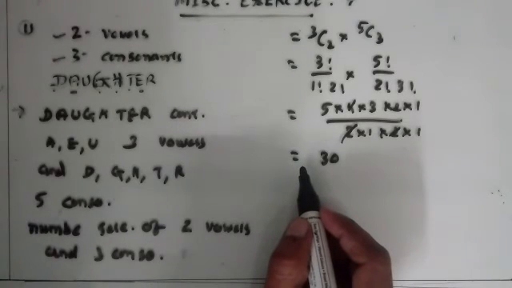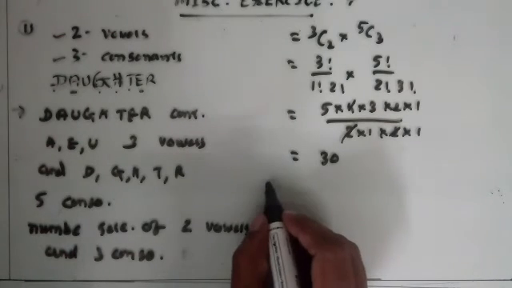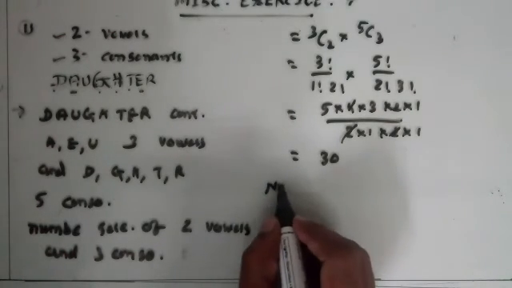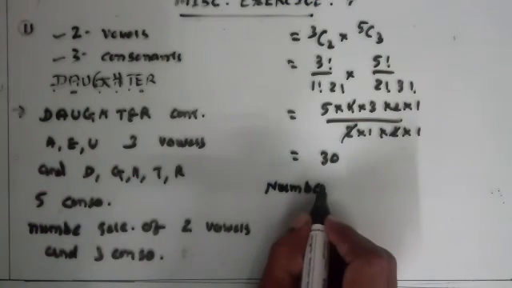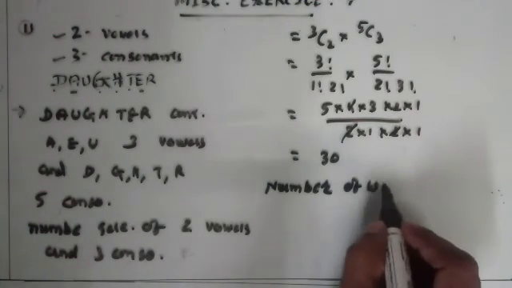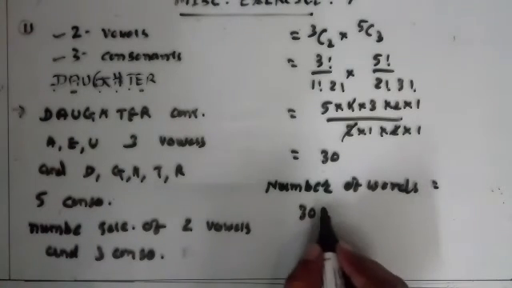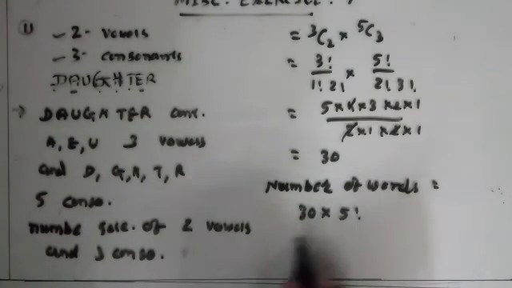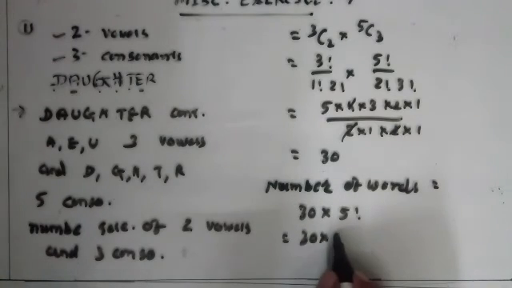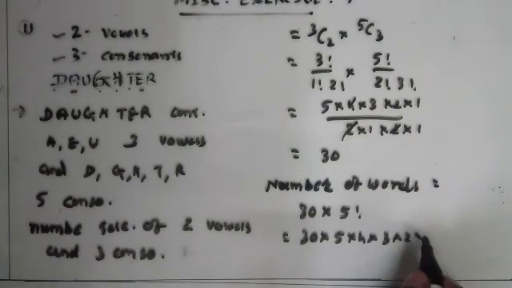Each word contains 5 letters, and 5 letters can be arranged in 5 factorial different ways. So the total number of words is equal to 30 into 5 factorial, that is 5 into 4 into 3 into 2 into 1.